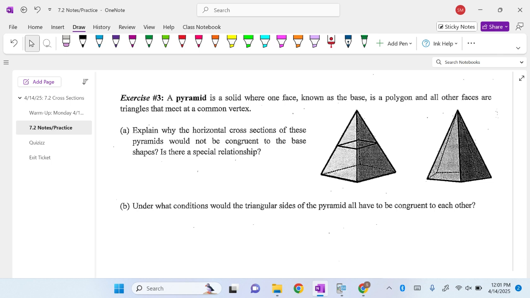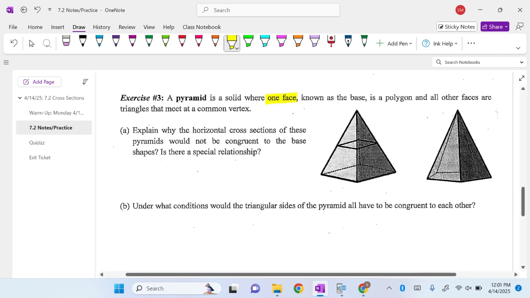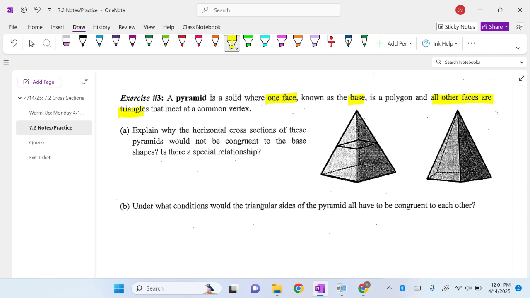A pyramid is a solid with only one face known as the base, and the polygons of all the other faces are triangles, and they meet at a common vertex, so they meet at a point. So, for example, the left pyramid, what will be the base of this pyramid? A square or a rectangle. We can't quite tell. I would call it a square.